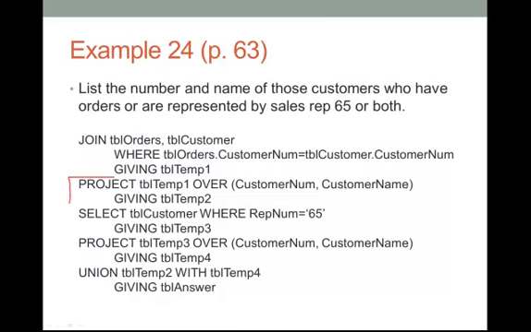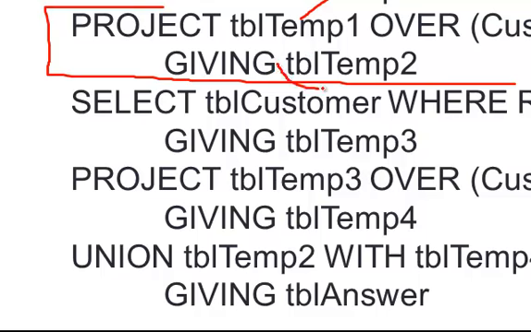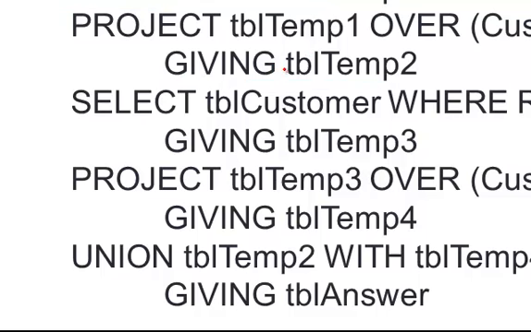The next thing I'm doing is selecting the columns that I want. So I'm using this temporary table I just created, the joined items together, and I'm saying, well, I only want the two columns, customer number and customer name. So the project is giving me the two columns that I want. Once I have those two columns, I'm storing those in a temporary table called temporary 2.